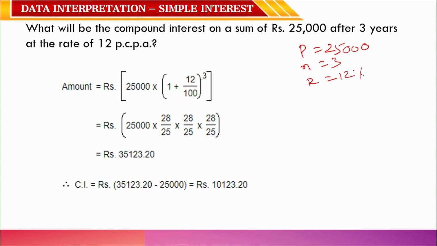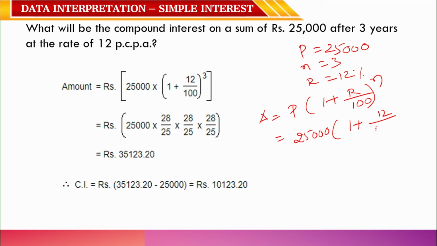Then what is the formula? As you know, the total amount A equals P times 1 plus R by 100 whole power n, that is P is 25,000, 1 plus 12 by 100 whole power n, n is 3, correct.